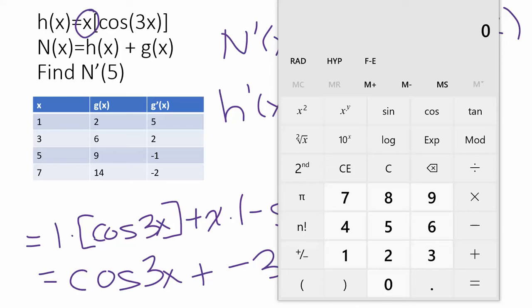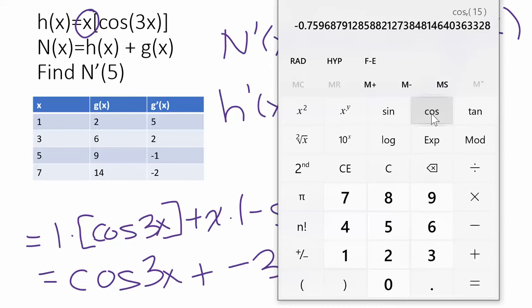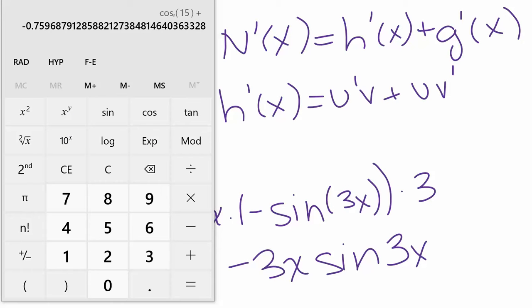Your calculator setup might be a little bit different, but what I have is cosine 3x. I'm going to evaluate this at x equals 5. So I'm going to need the cosine of 15. On my calculator, I do 15 first, 3 times 5. Cosine, plus, scooting my calculator over so I can see the other part.